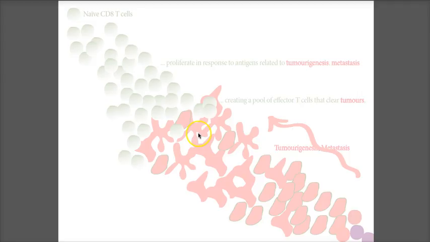I just wanted to position you a little bit in terms of the events we're looking at, and also give that paper, The Hallmarks of Cancer, a little bit of context in terms of how it fits into the process described in this imagery.